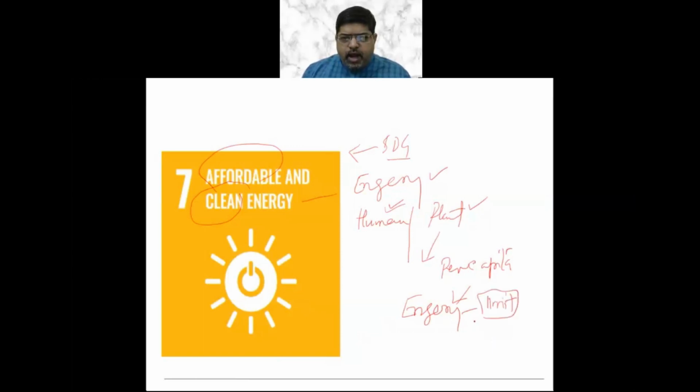Reason being, we have to address huge challenges related to a very big population of 800 crores on the planet. Then we need to justify this with great efficiency.